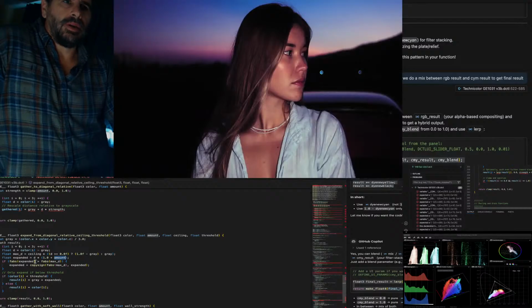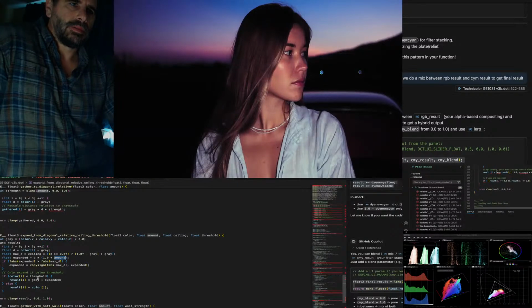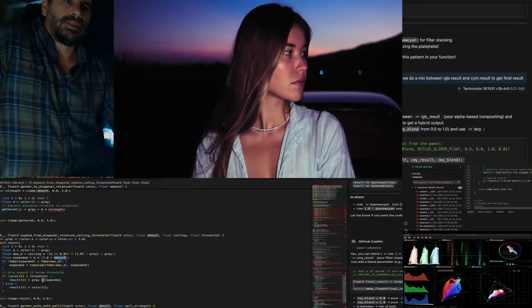It's increasing over 1, expand, and then if the color is below the threshold, color I is below the threshold, gray plus the result is the gray plus the expanded.